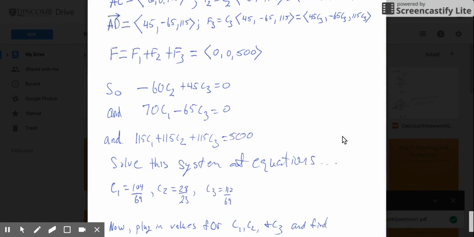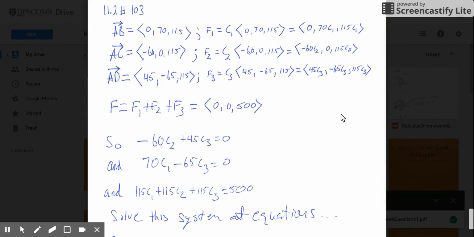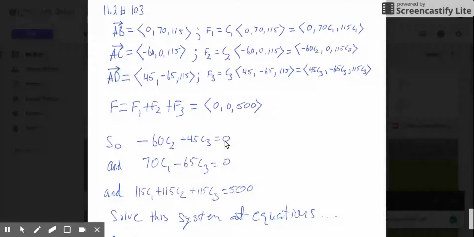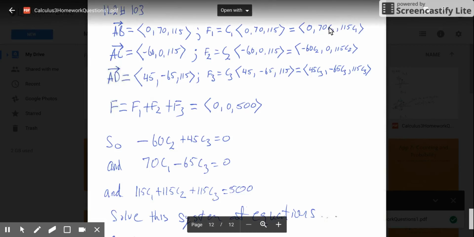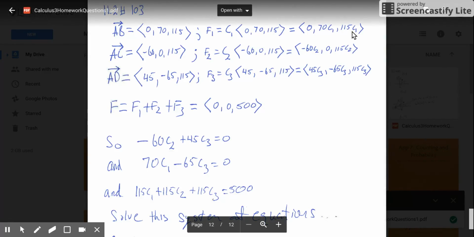So this gives us a system of equations here, namely that when we add up the x components of F1, F2, and F3, we should get 0. Also, when we add up the y components for F1, F2, and F3, we should get 0. And when we add up the z components, of course, we should get 500.